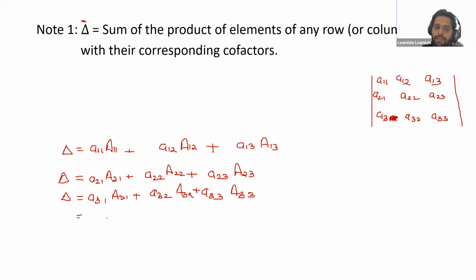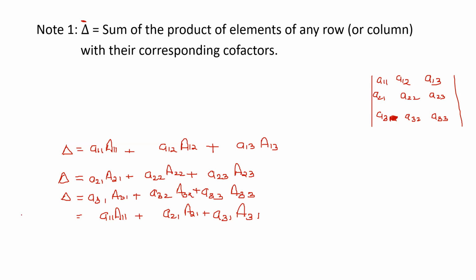Now suppose we have selected the first column, A11, A21, A31, and we multiply this with its own cofactors, then what will be the answer? Again the determinant, again the value of the determinant.